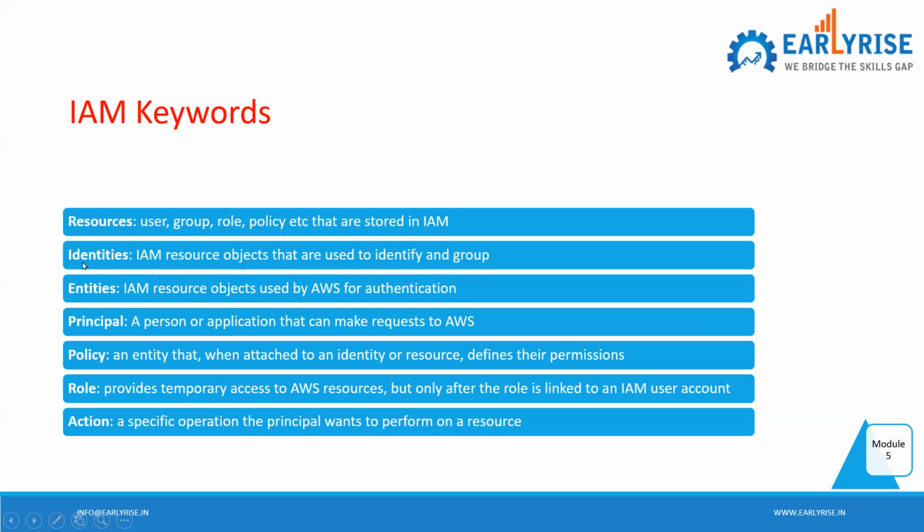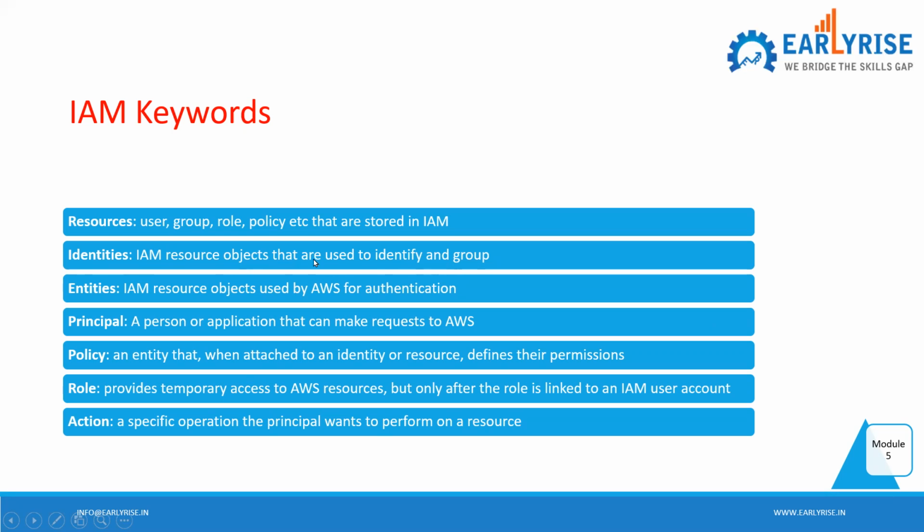Now look at identities. IAM resource objects that are used to identify and group. Identity means we can attach a policy to an IAM identity.